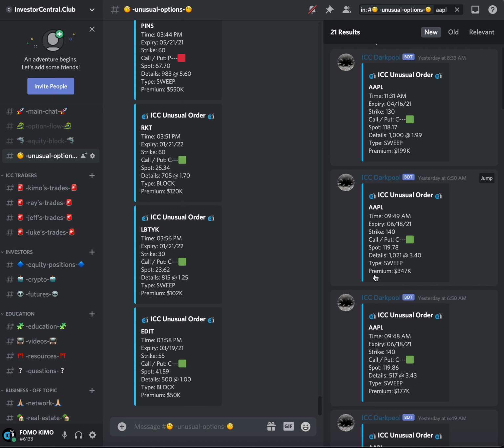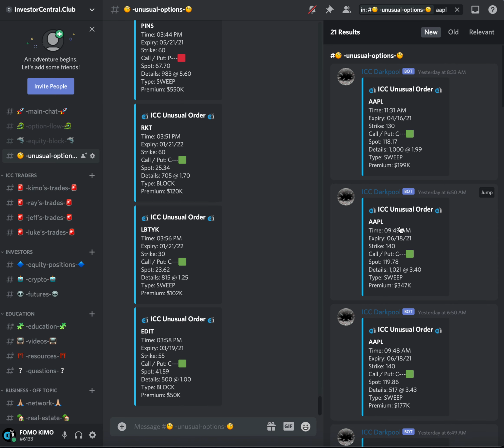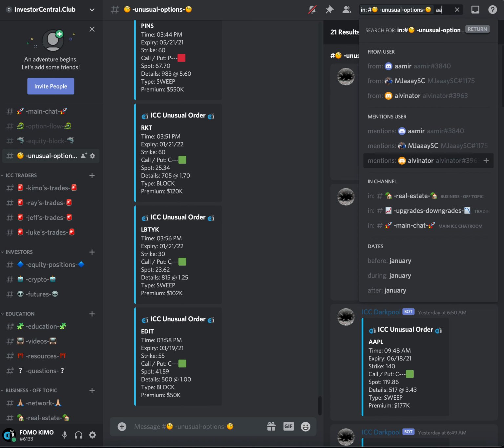But here's a $140 strike price within Apple expiring June 18th. That was unusual to have because it's 20 points away from it. Same with this one right here, 130 strike price call options in Apple. Spent around 200K on premium just for this trade itself. So this lets you gauge the market activity to see what these institutions are buying, right?